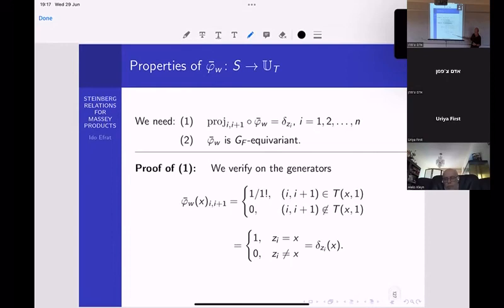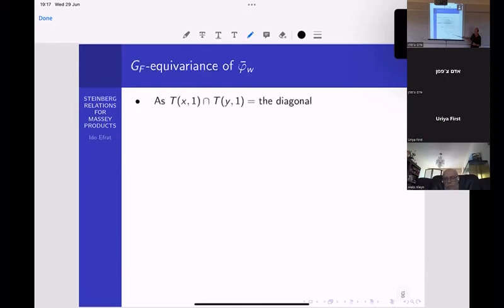What about the equivariance? So now it's almost the last slide. Well, the first thing one should note is that the intersection of T^X_1 and T^Y_1 is the diagonal, because if you have a segment that has no X's and no Y's, then it's the empty segment, which means that you are on the diagonal.